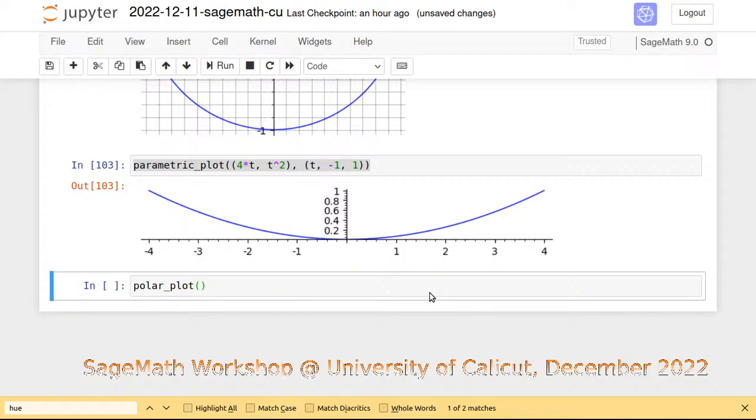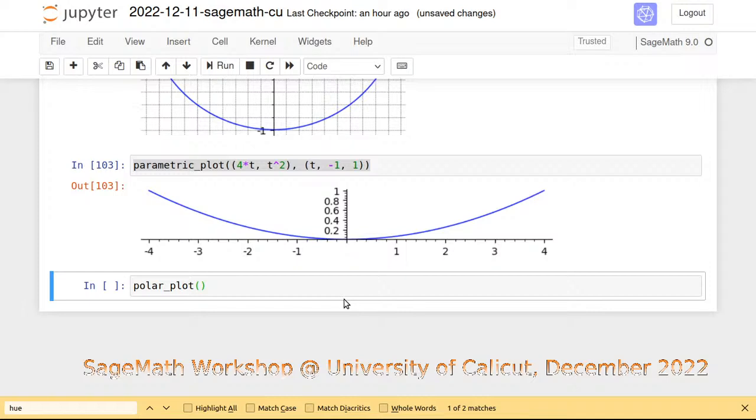Okay, let us try to view the r theta polar plot structure here. Polar plot. What should we plot?